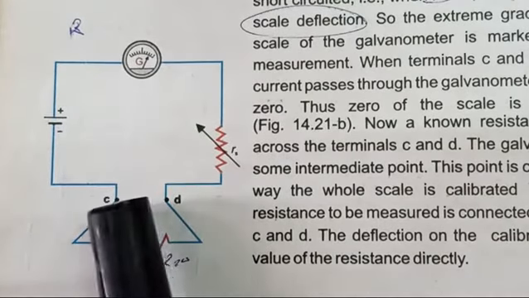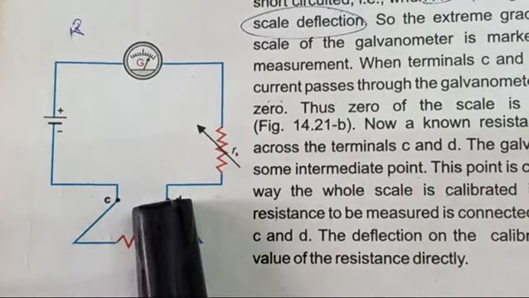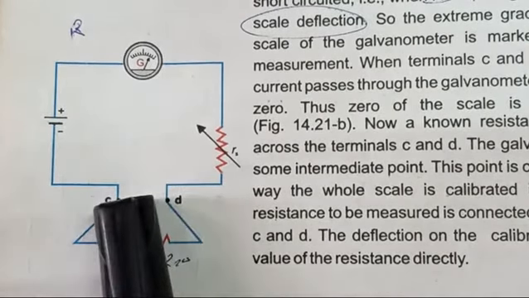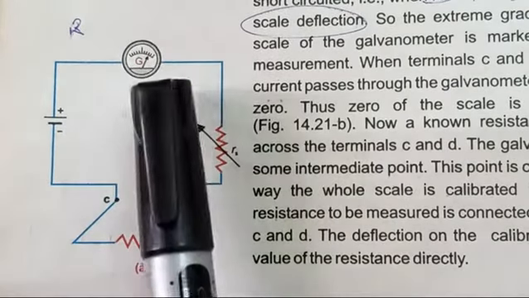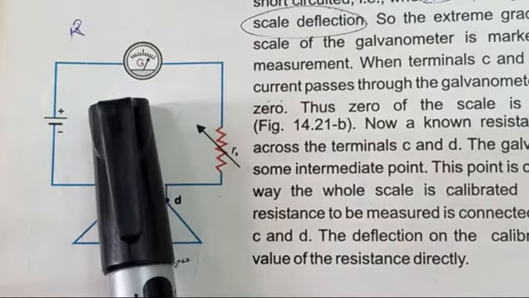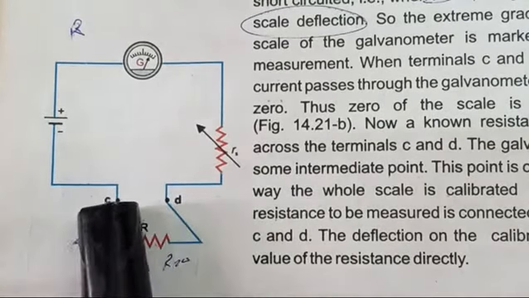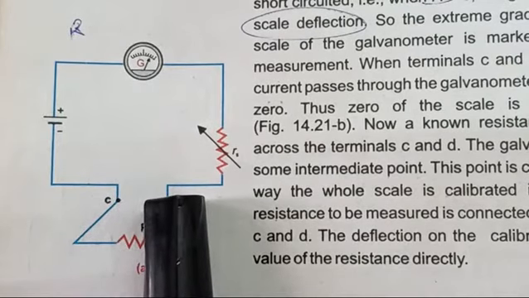We have discussed the condition when terminals C and D are short circuit, connected to each other. In this condition, resistance is 0 and galvanometer shows full scale deflection, right? But now we are discussing this second condition when C and D are not joined, right?